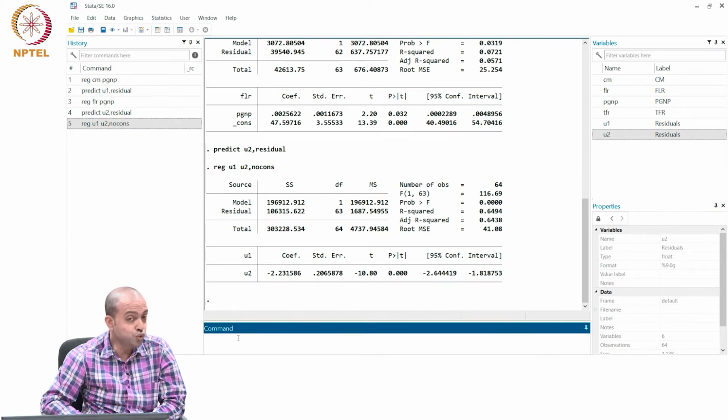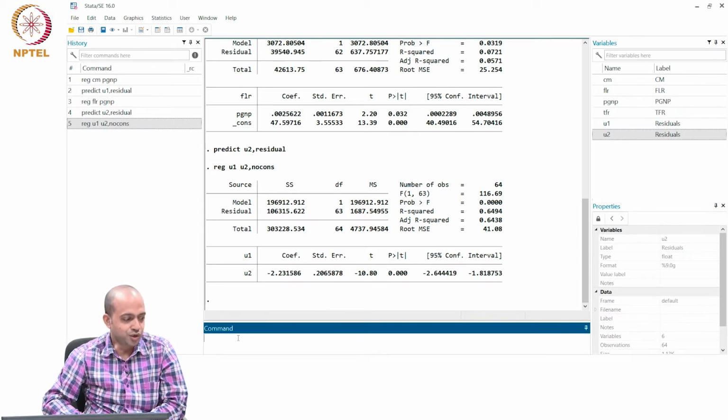Since U2 hat is basically the purified value of FLR and U1 is the purified value of child mortality rate, the interpretation would be: when FLR increases by 1 unit, then child mortality rate decreases by 2.231 unit.